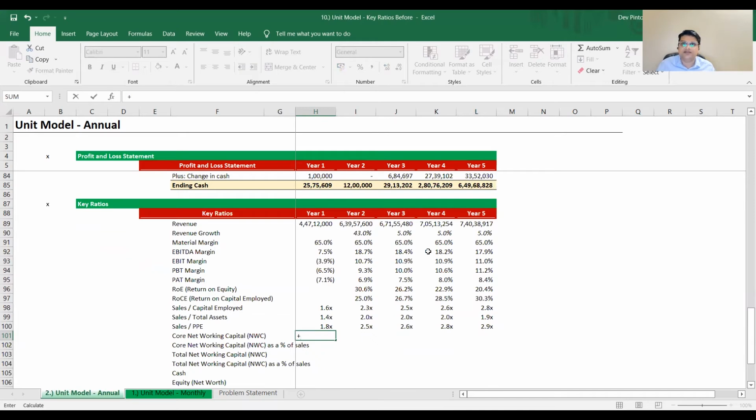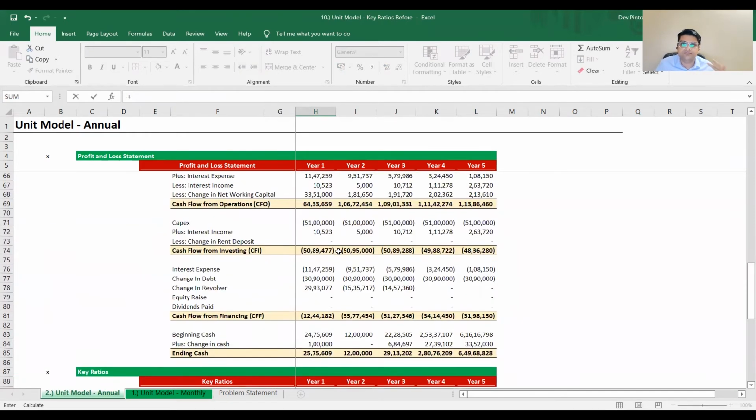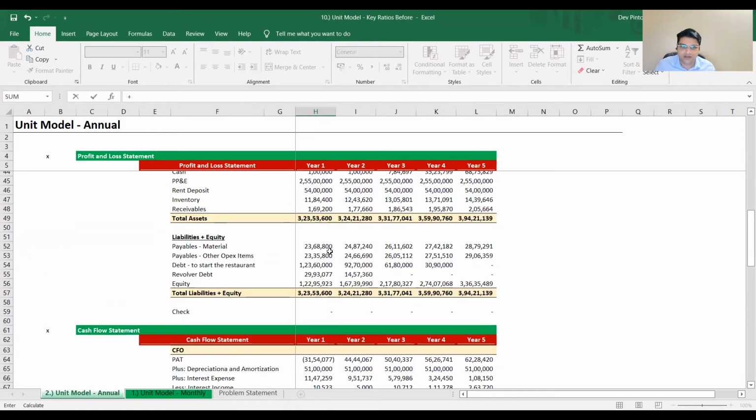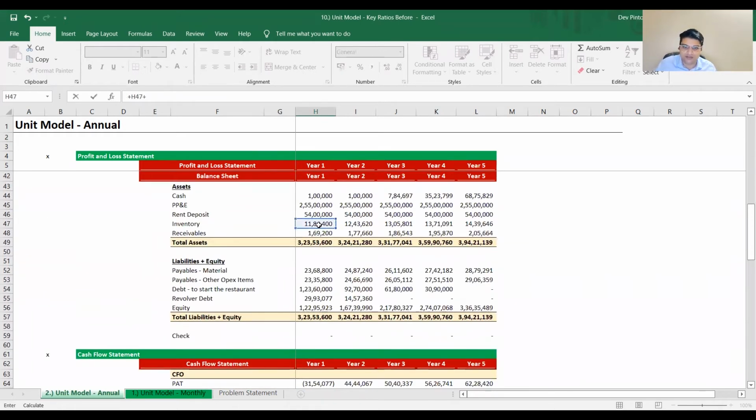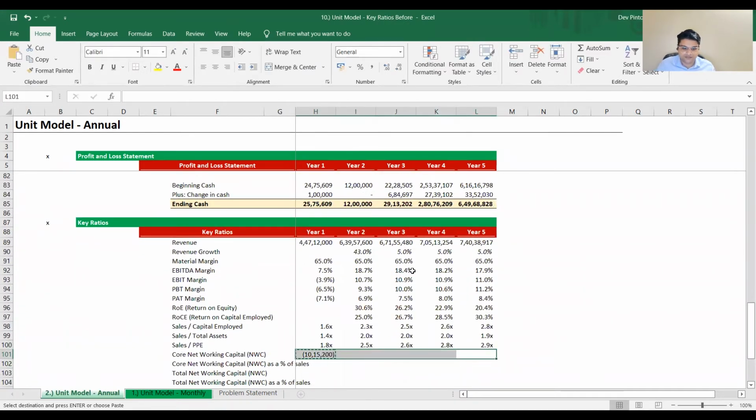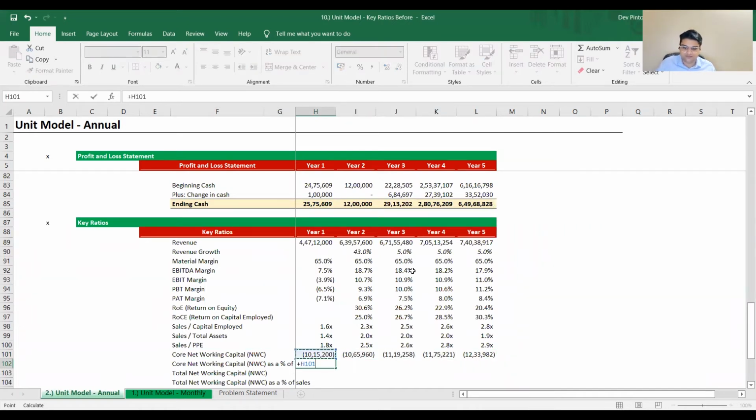So that will just be receivables plus inventory minus payables, right? COGS payables, not all other payables. So it will be 1 plus 2 minus 3. Core NWC seems to be negative, so that's a good thing. Divided by sales as a percentage.